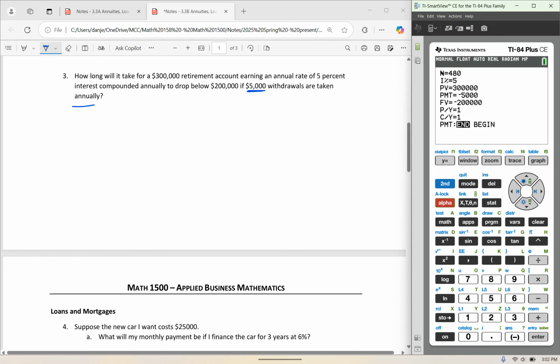How long? Alpha Solve. That will take 14.2 months. Years, I'm sorry. We're talking years. So many problems I've done recently are months. That's going to take approximately 14 years to drop down that $100,000. Okay.